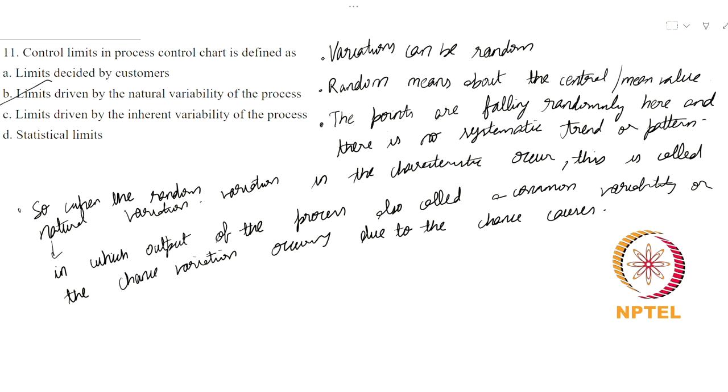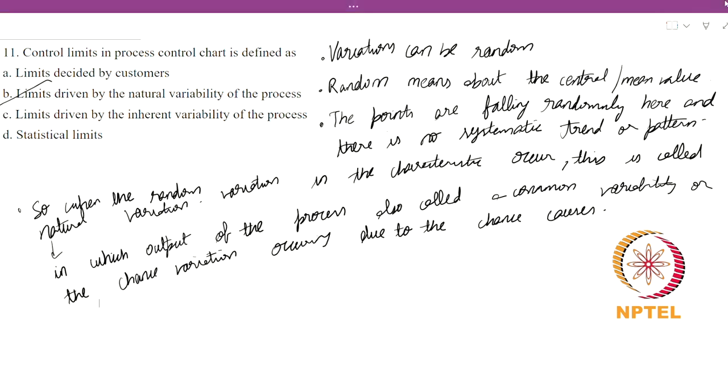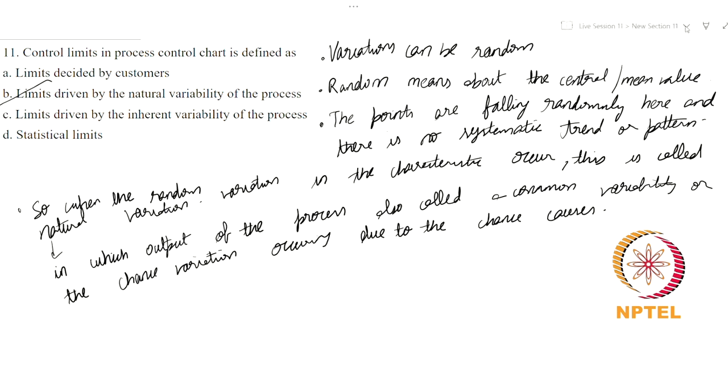Here the output of the process shows common variability, or chance variation, occurring due to chance causes. So the points fall randomly here and there with no systematic trend or pattern. So the control limit in a process chart is defined as the limit driven by the natural variability of a process.